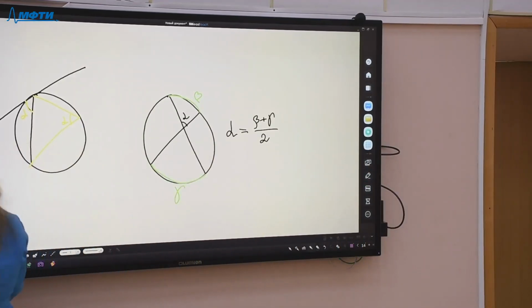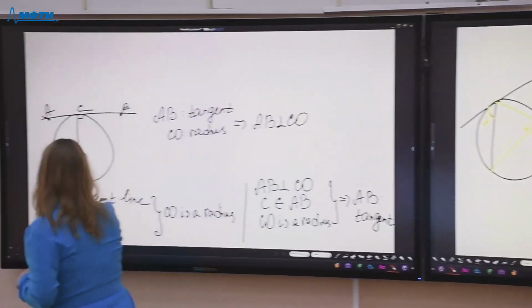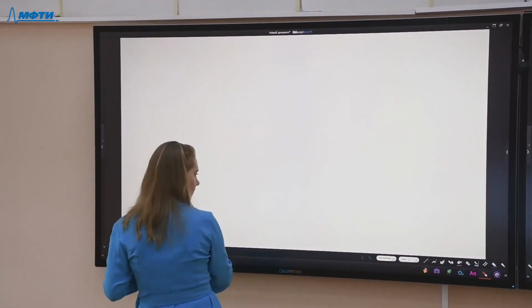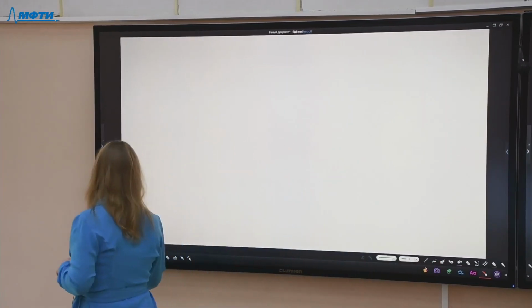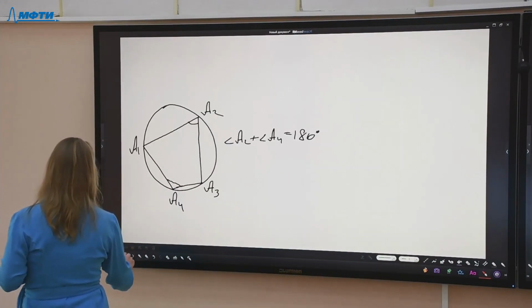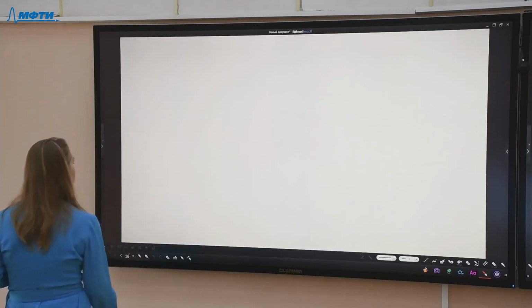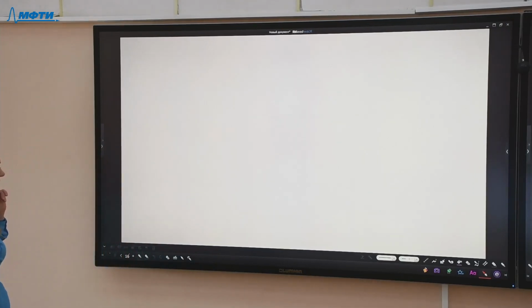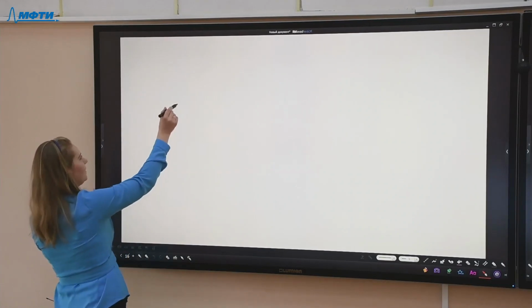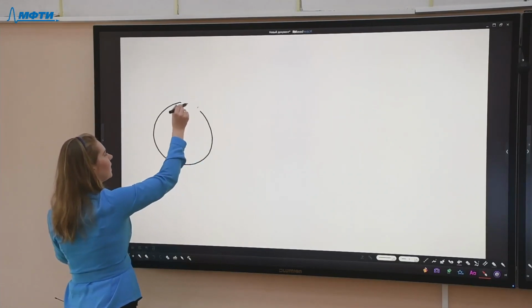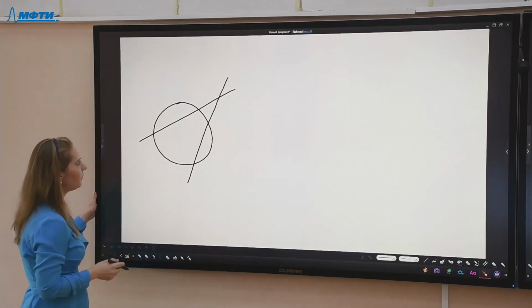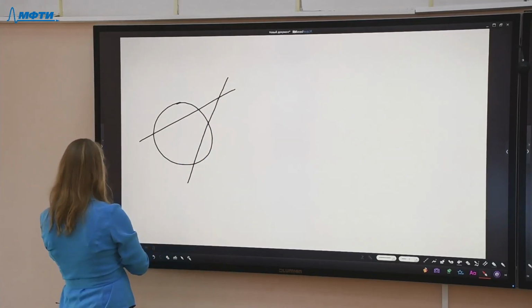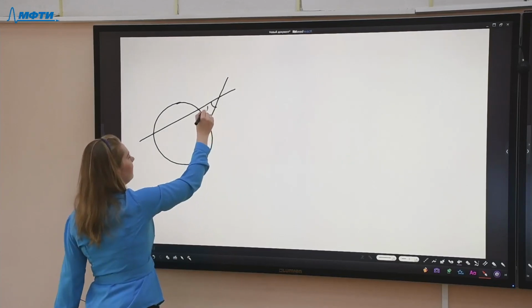If we have two secants and they intersect outside our circle, we can find this angle alpha.